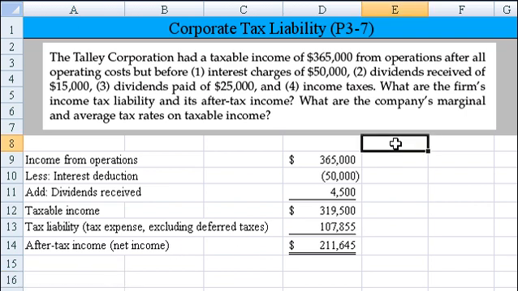Let's do the marginal tax rate, and I'm just going to write it off to the side here. Let me just abbreviate this. Marginal tax rate, and I'll just use percentage for rate, and then we'll use the average tax rate.